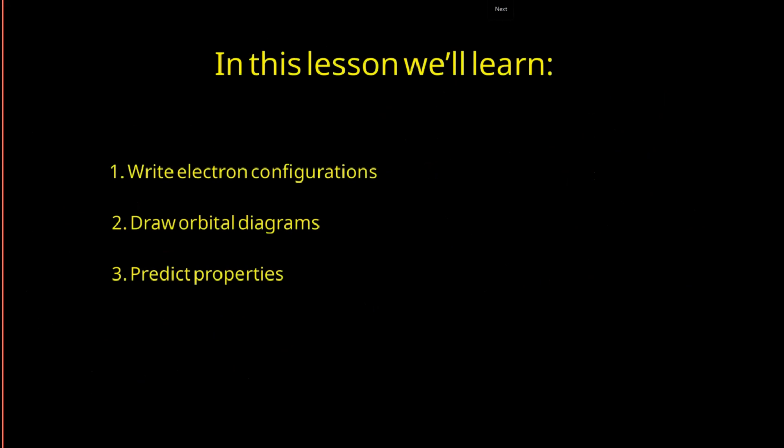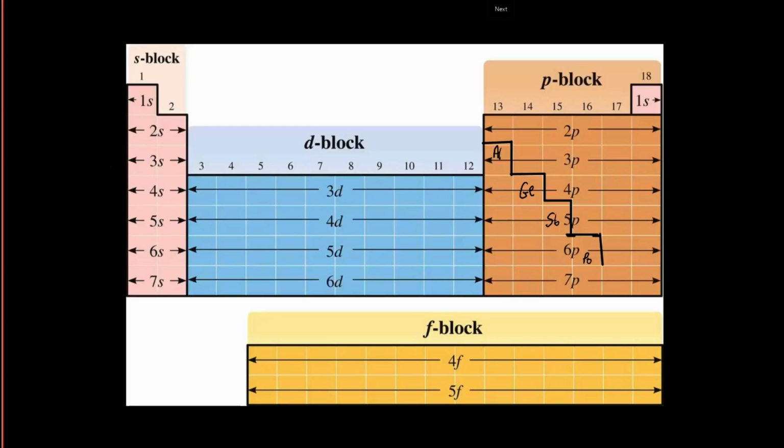So in this lesson, I'm going to show you how to write electron configurations, both the long form and the condensed forms, draw orbital diagrams, and predict properties. Before we get started, let's look at a simple diagram showing you the locations of the s, p, d, f orbitals. Notice that the first shell has only s orbitals.